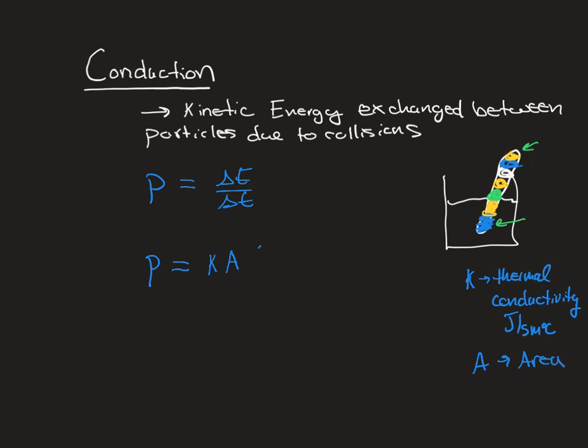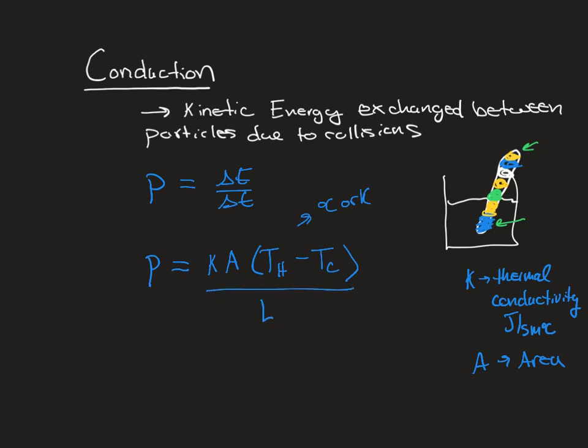This is then multiplied by the difference in temperature. So we're going to do temperature hot minus temperature cold. Because we're subtracting, we could use either Celsius or Kelvin, but both temperatures must be in the same temperature units.